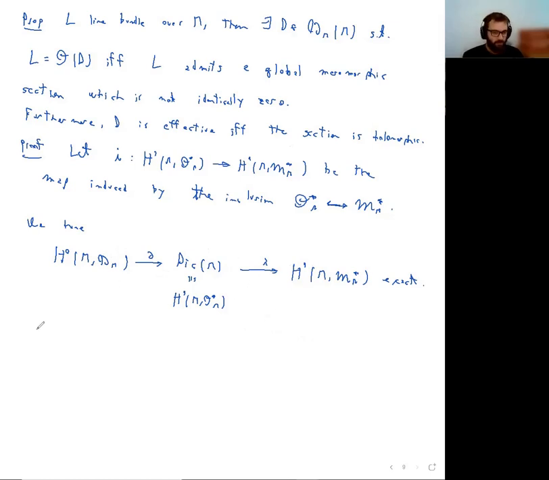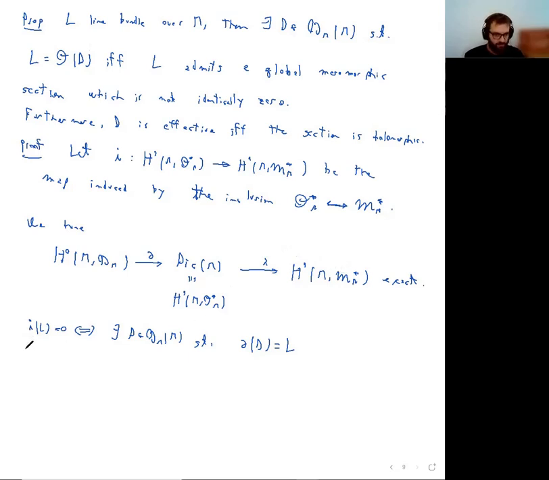So in particular, the image of L is equal to 0 if and only if there exists a divisor which maps to this L. This is what we're trying to characterize: what it means for L to be represented by a divisor. So we see that this is equivalent to the image in here being 0.